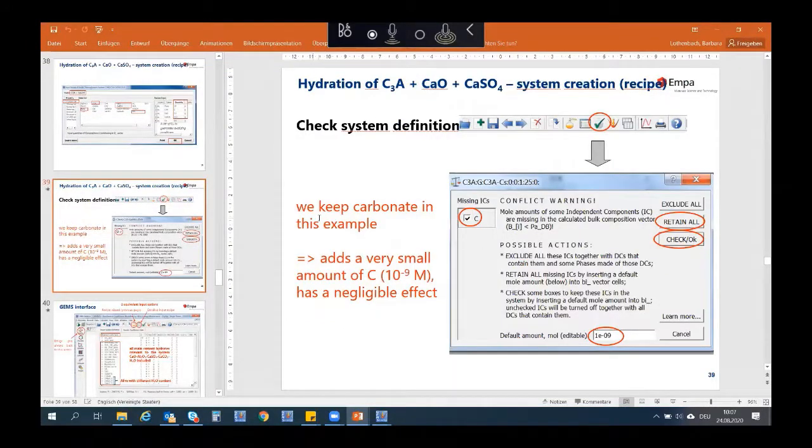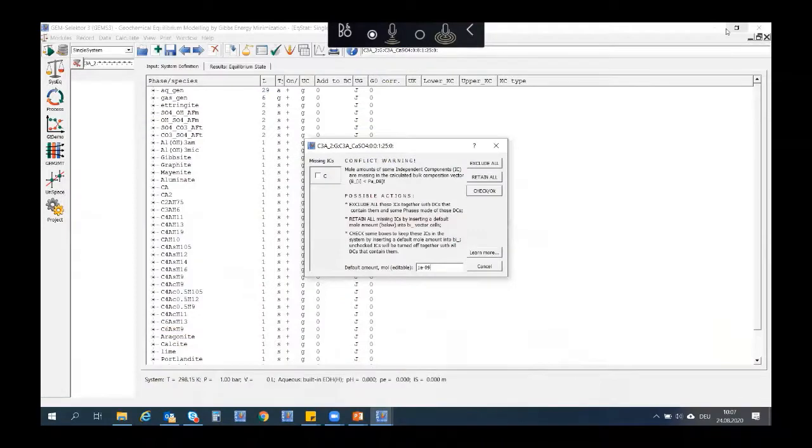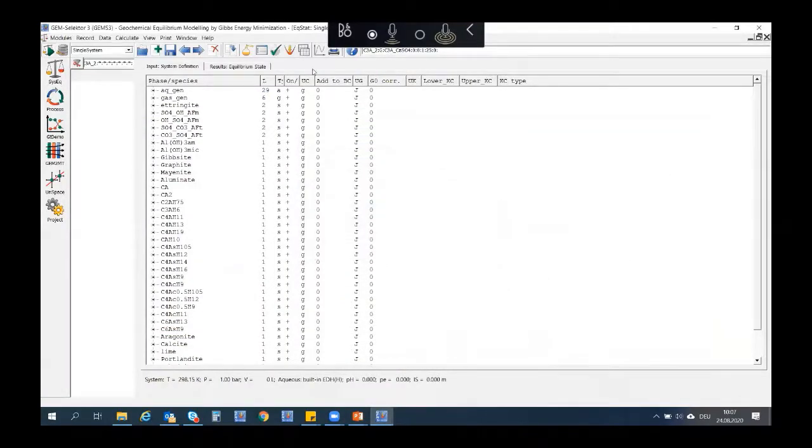In this example, I said, oh, maybe I will use it later, which I actually will. And then it just will add a very small amount of carbonate to the system. So I put an OK, check OK, check again. Now no more error.